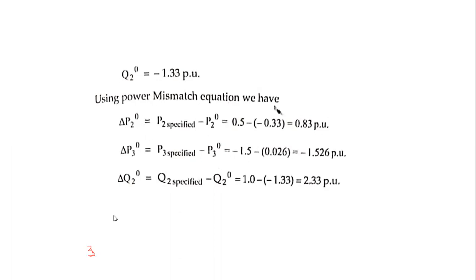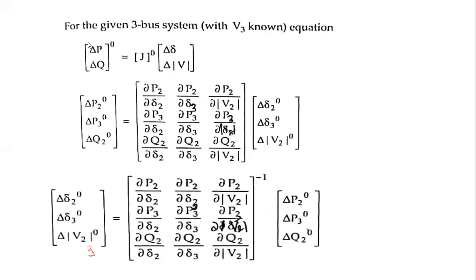After calculating these values, we form this matrix. For the given 3-bus system with V3 known, the equation is delta P, delta Q power 0 equal to J power 0 into delta delta by delta V. This is the matrix form, the equations that can be solved in matrix form.